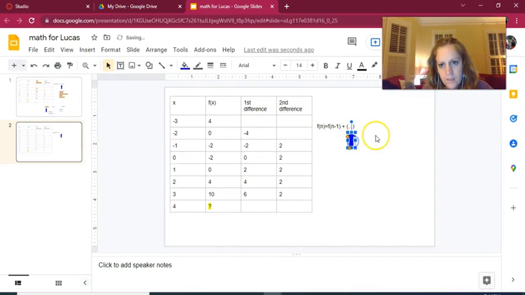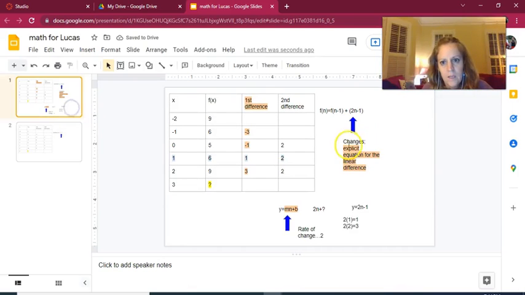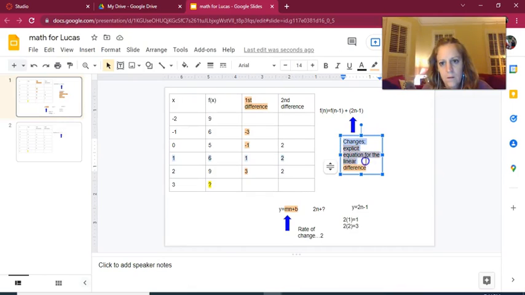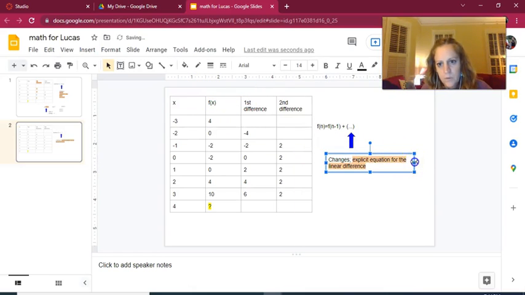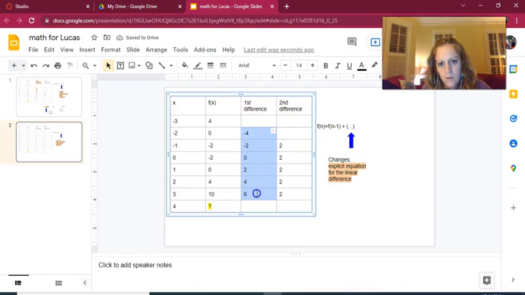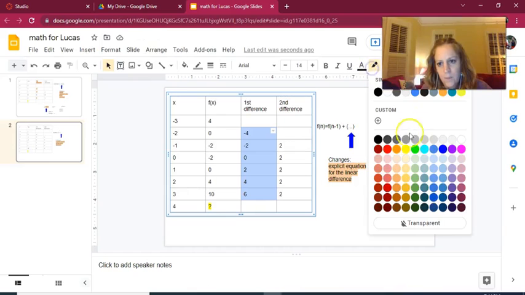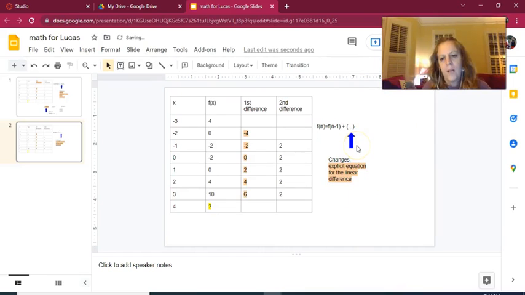What goes in here is actually the explicit equation of the linear difference. So remember, we're going to write the explicit equation for these numbers, and that will help us figure out the rest of our recursive equation for our quadratic.